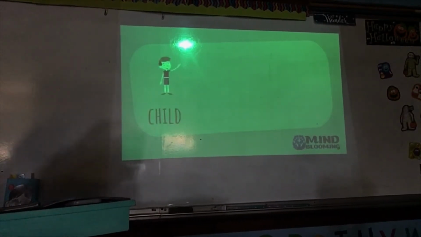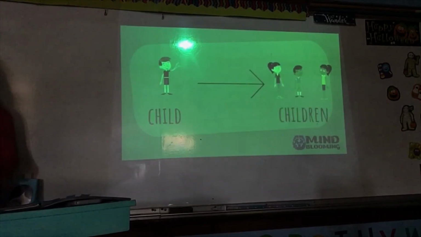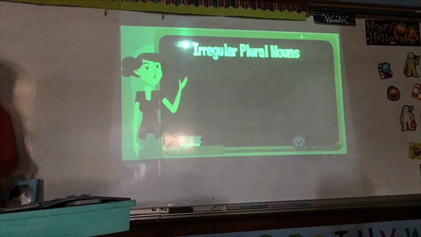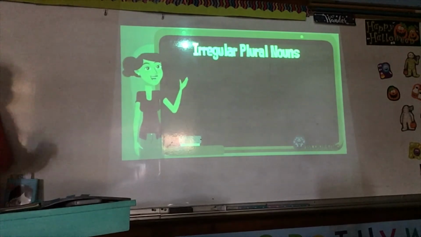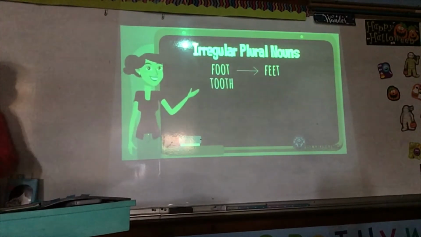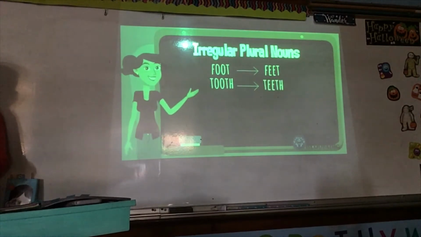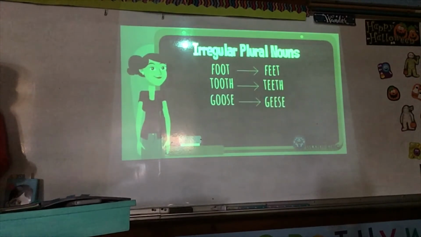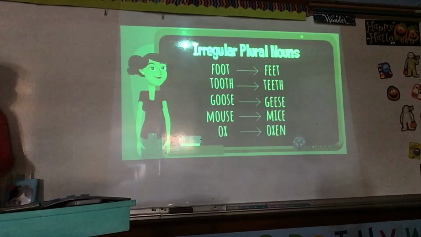And child becomes children. Here are more examples of other popular irregular plural nouns. So foot becomes feet, tooth becomes teeth, goose becomes geese, mouse becomes mice, and ox becomes oxen.